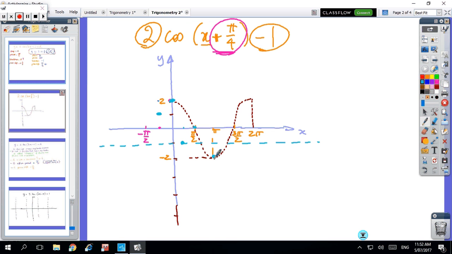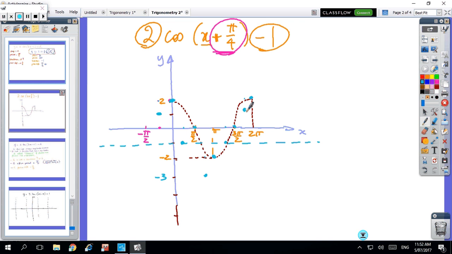This point here has been moved back pi on 4 and then down 1, so now the bottom's -3. That point there has been moved back and down, so that's about there. What other point? That point there has been moved back and down.